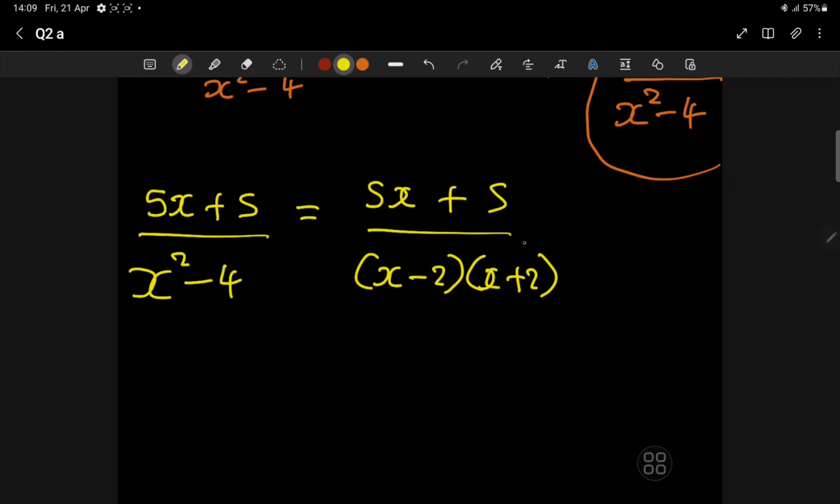It has become more of a linear factor on the numerator, so we can work it out. So we're saying we can have a over x minus 2 plus b over x plus 2.